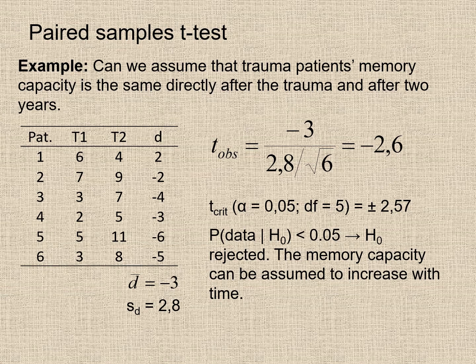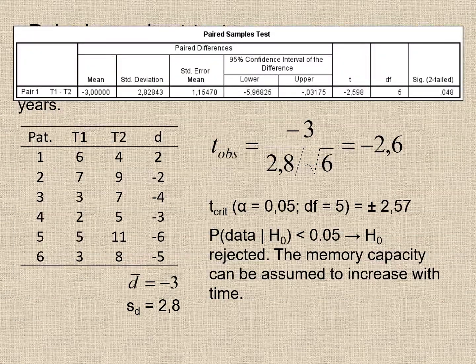Had we conducted this with statistical software, for instance SPSS, we would get an output like this. So this is based on exactly the same data. So we see a mean difference score in this sample of -3, a standard deviation on the difference variable of 2.8, and a standard error on the difference variable of 1.15.